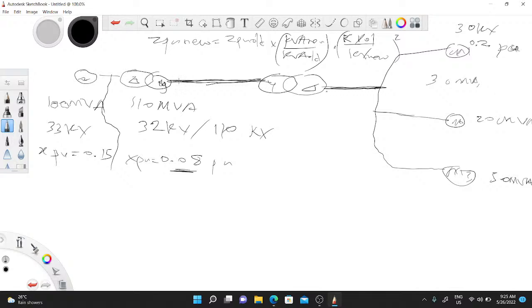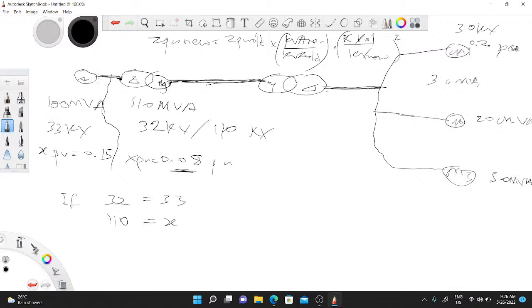The base voltage. Let's find the base voltage. You use proportion. You just say that this 33 kilovolts is supplying what's coming here, to the 32. How much will 33 give you? So if 32 is giving you 33, how much will 110 give you?